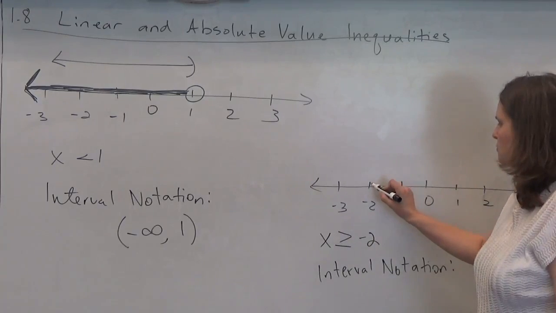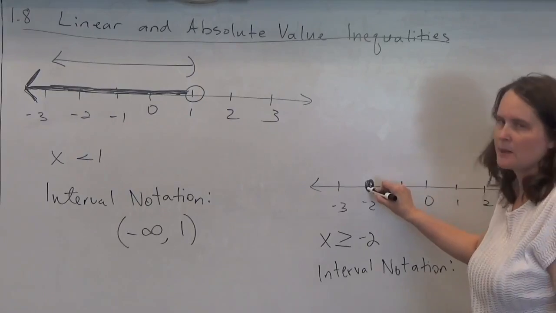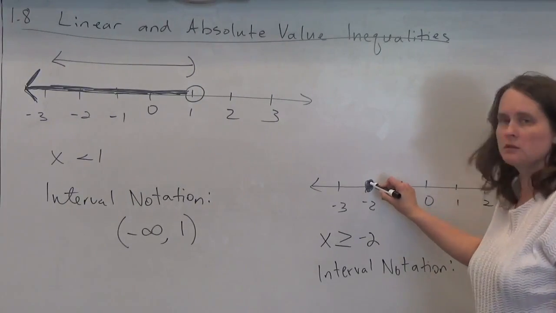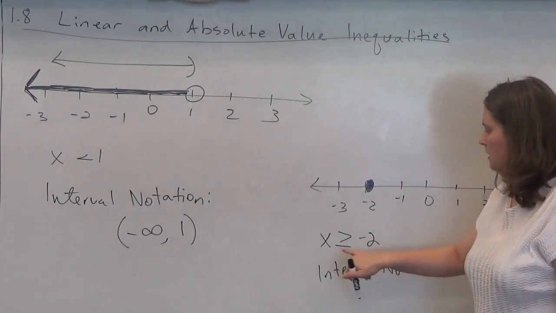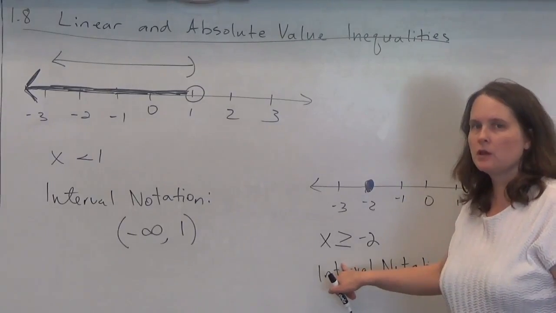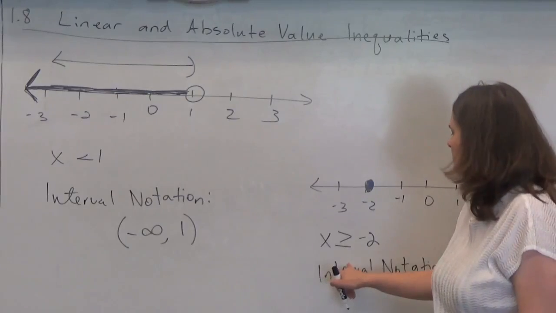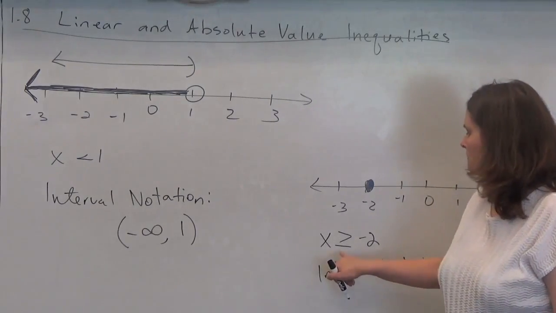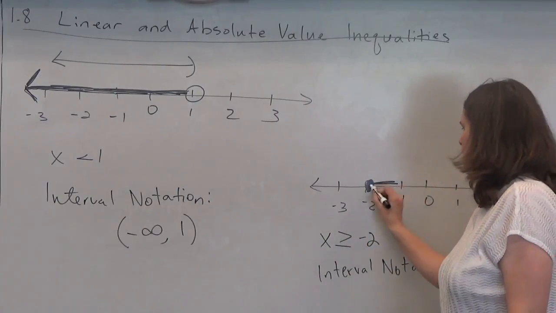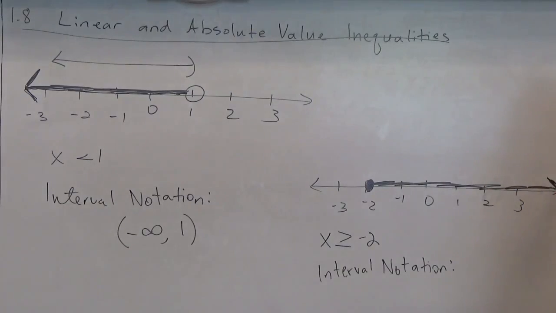You would use a closed circle at negative 2. Why do I use the closed circle? Because this time it says that x is greater than or equal to. So the closed circle tells me to include the negative 2 as part of my solution set. Starting from negative 2, now I graph everything larger than negative 2. So I'm going to shade everything to the right from negative 2 on my graph.